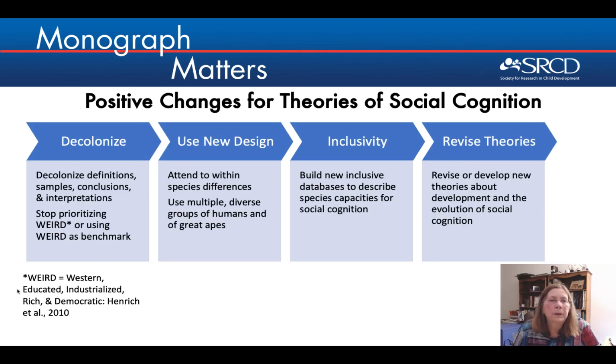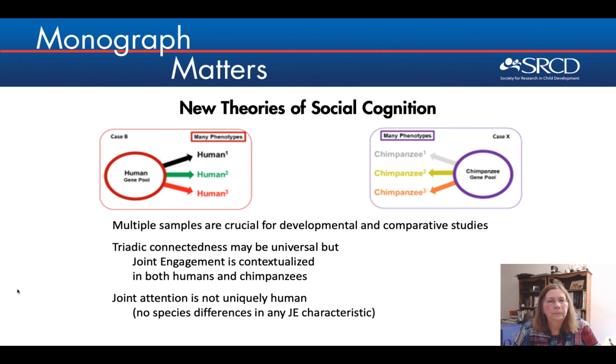So the 4th step is to revise or develop new theories based on the design that we used. New theories of social cognition must consider the capacity for social cognition in both species, which is evident only when using multiple samples. We propose that triadic connectedness is universally present in human and chimpanzee infants.